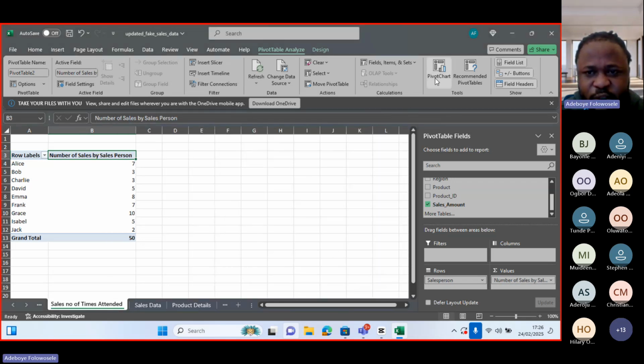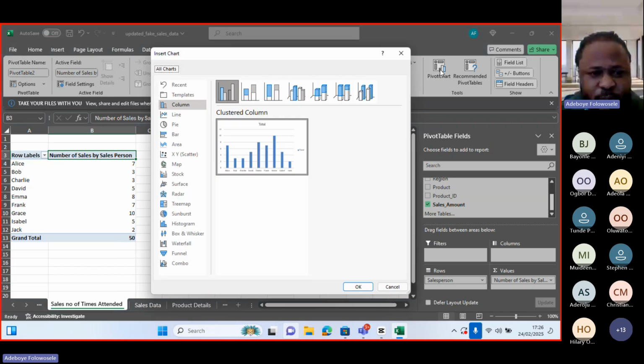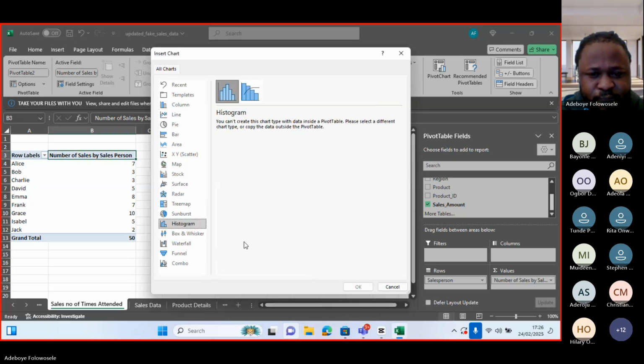So if I want to have a chart for this now, if I go to pivot chart, a histogram is not going to work because they are not evenly distributed.